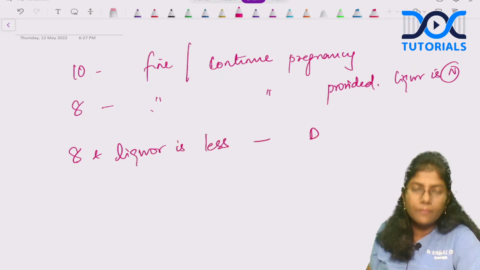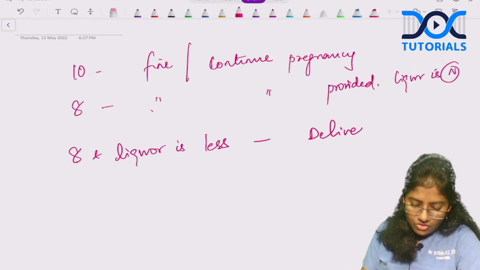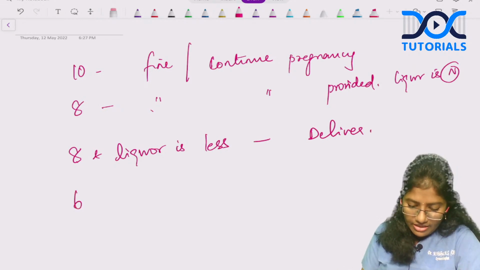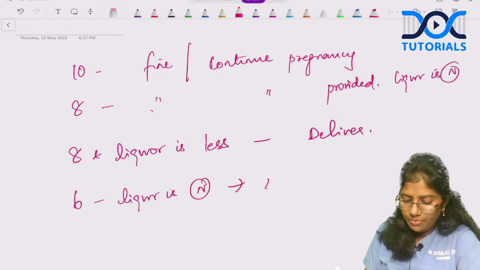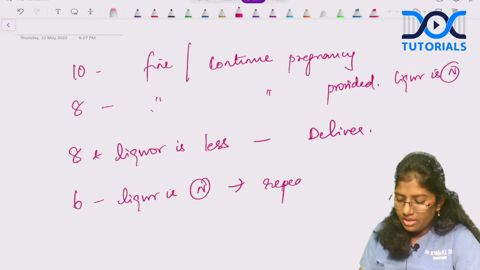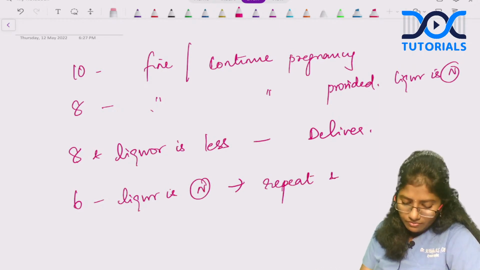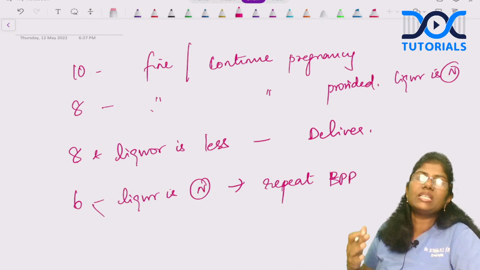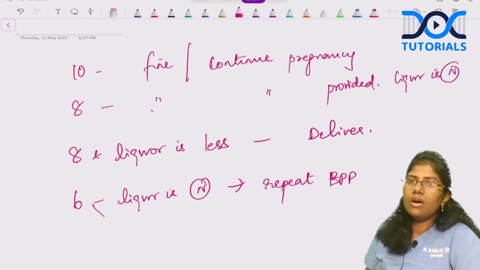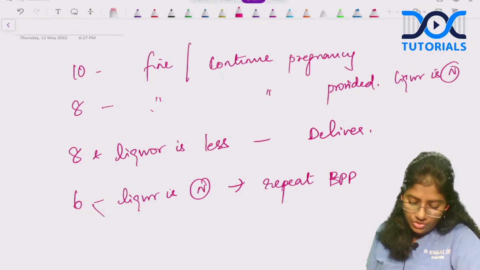If the score is 6, again, if the liquor is normal, you can repeat the biophysical profile, and if the score increases when you repeat it, you can just continue the pregnancy.